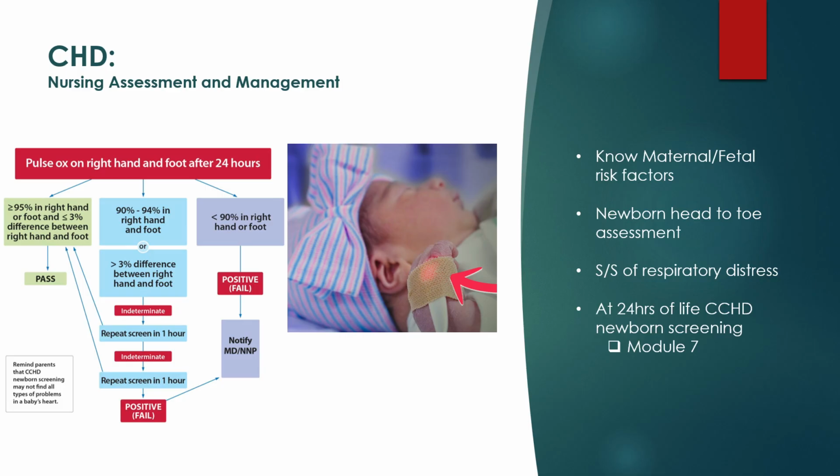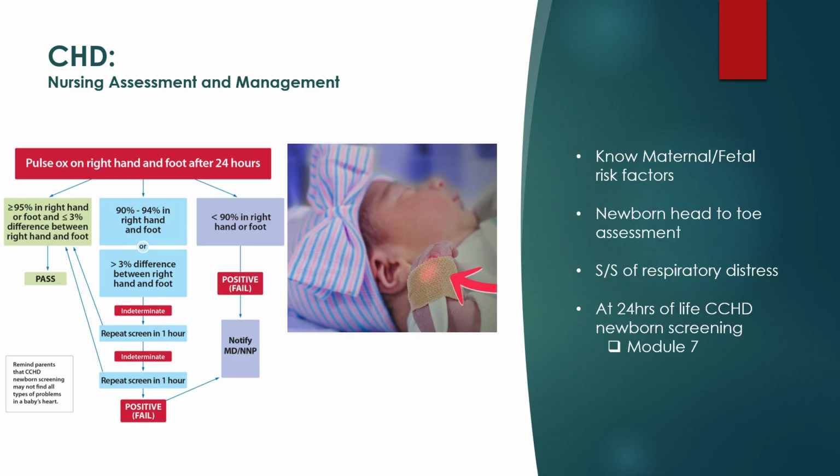The nurse is going to do a head-to-toe assessment after delivery on every baby. So this is a great time for them to note any heart sounds that are abnormal, note the rate and rhythm, additionally any cyanosis. So are they having central cyanosis and it's been a while since they've been delivered? Is there any sign of respiratory distress, and they had transitioned but now they're struggling?